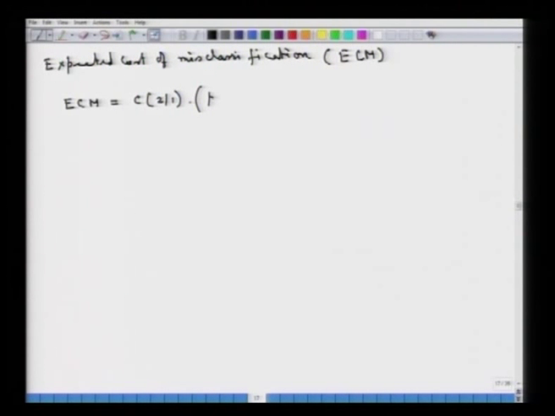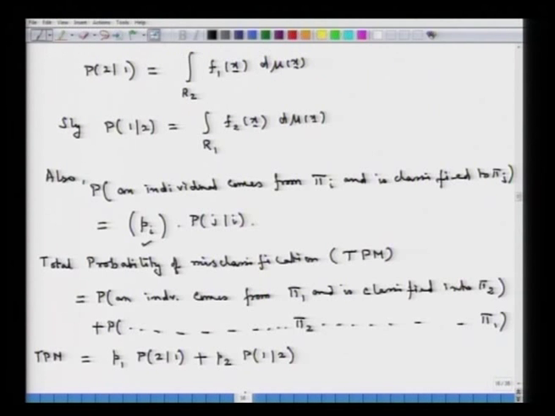So that this is equal to P1 times the probability of misclassifying an observation coming from 1 into 2. So, this is the cost with this probability, and then the cost of misclassification is C1 given 2 if an individual from the second is misclassified into 1. So, that probability would be given by P2, which is the prior probability of the second population, multiplied by this P1 given 2. So, we have two important quantities, one is this expected cost of misclassification and the other is this total probability of misclassification.